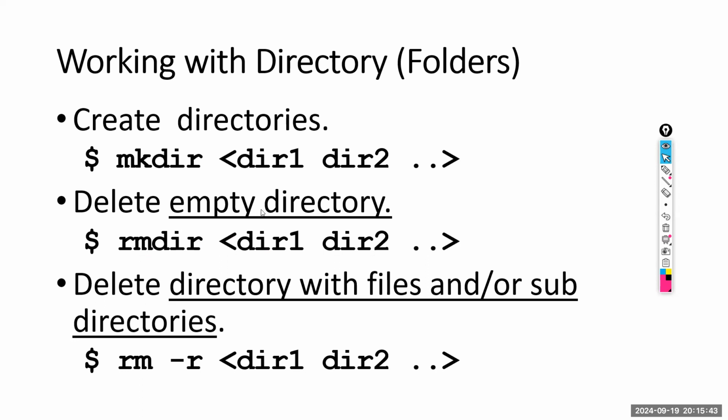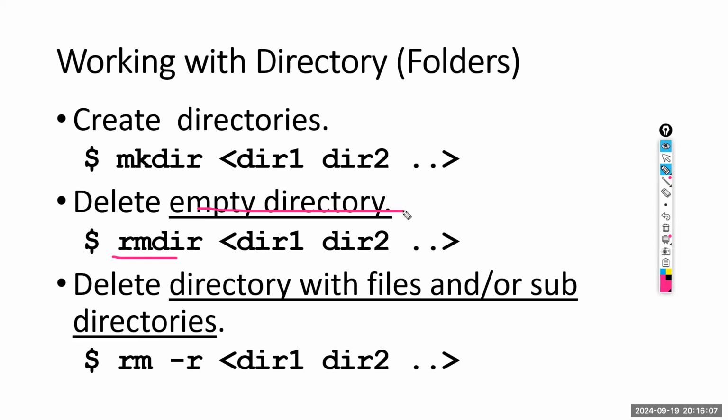And if you want to delete an empty directory, use rmdir and your directory. But if you have files and folders inside, then you must use rm minus r recursively, and then it will delete the folder or directory and all the subfolders and files as well. So it's very important. rmdir can be used only if it is an empty directory.